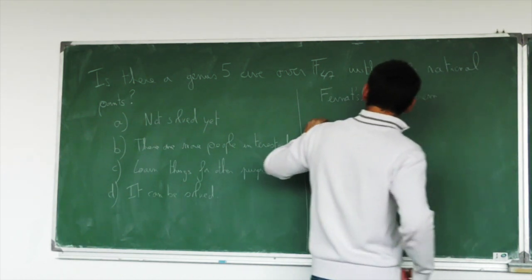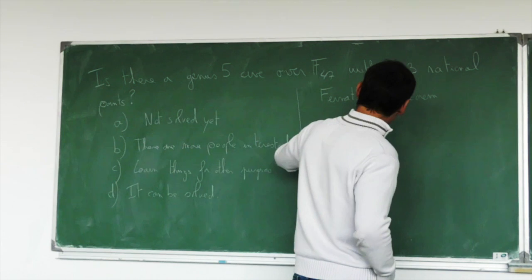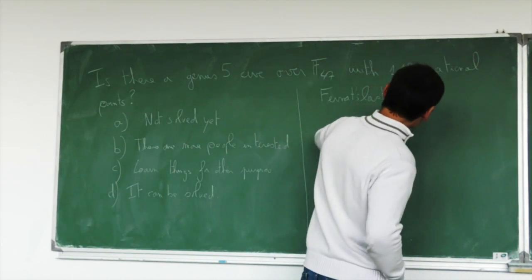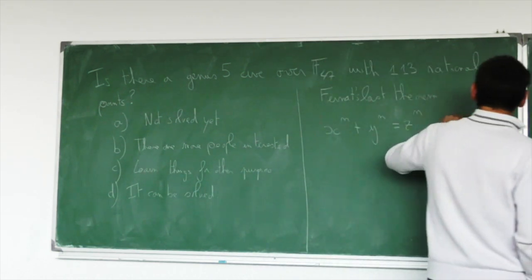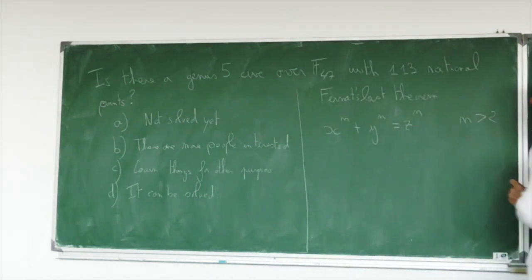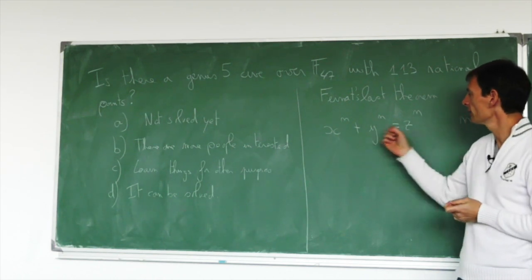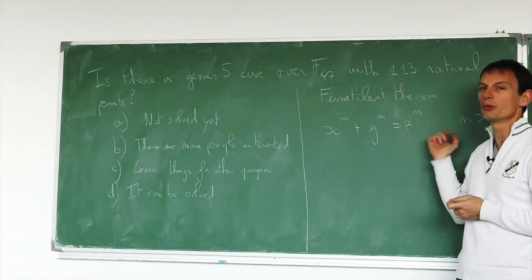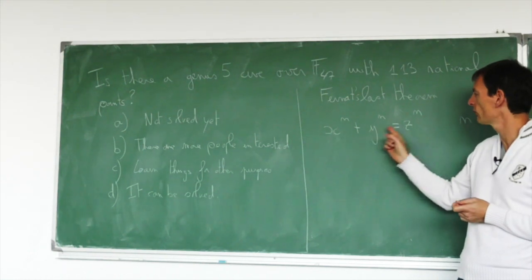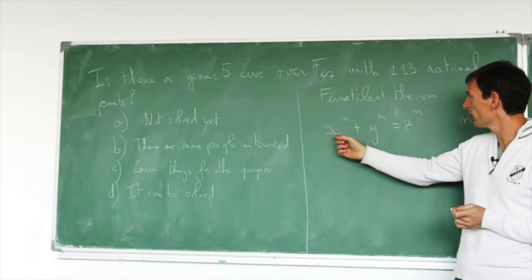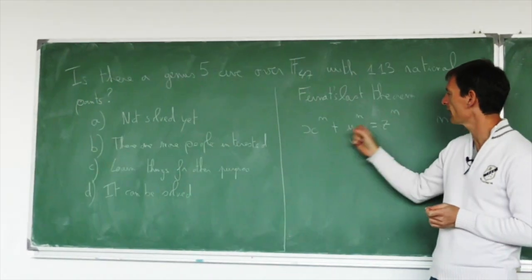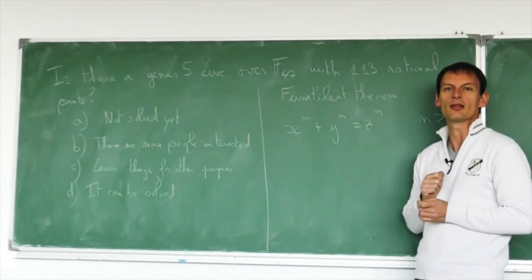You have probably seen this equation, and you say that n is going to be an integer greater than 2. And you want to solve it not with any complex or real number, but you want x, y, and z to satisfy some constraints. In particular, here for Fermat's last theorem, we ask x, y, and z to be integers.